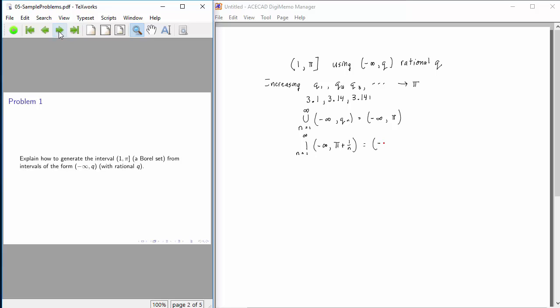And what is this? It's the interval from minus infinity to pi, but it's now the closed interval. Why? Because clearly each of these contains pi, and therefore so does their intersection. But if I consider any number that's a little bit bigger than pi, sooner or later n is going to get so large that that number is not included in this interval, so it's not included in the intersection.